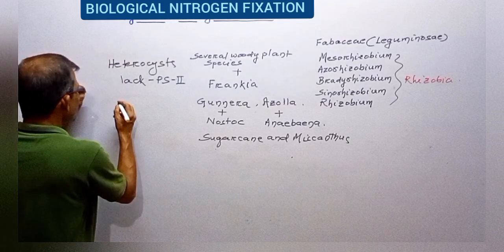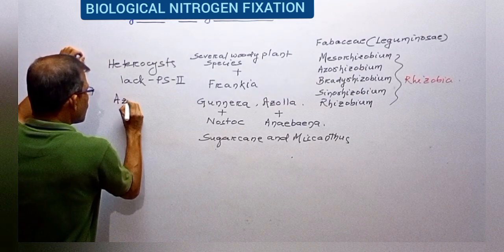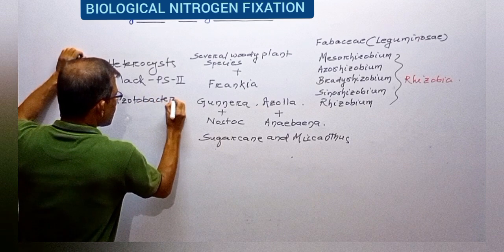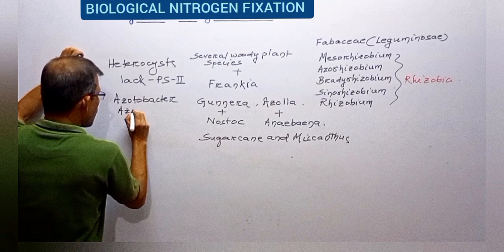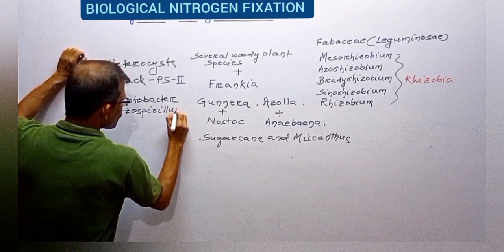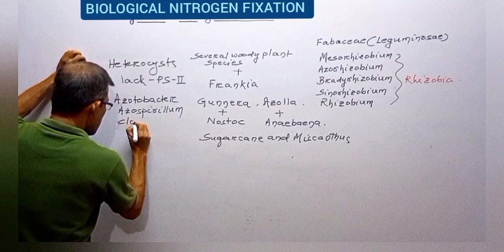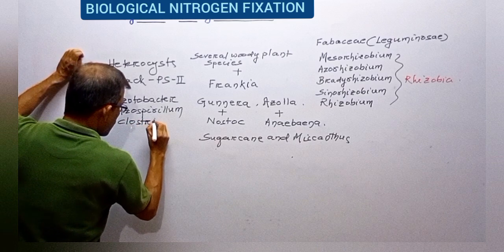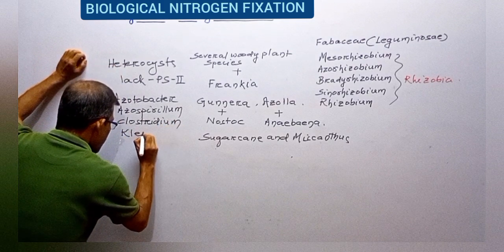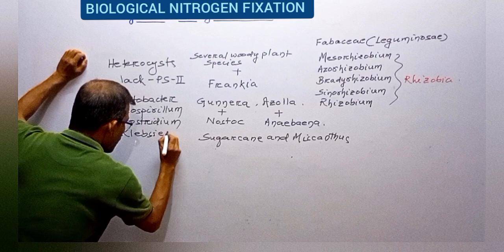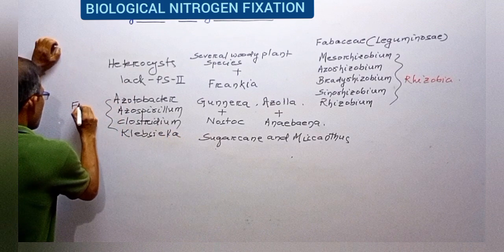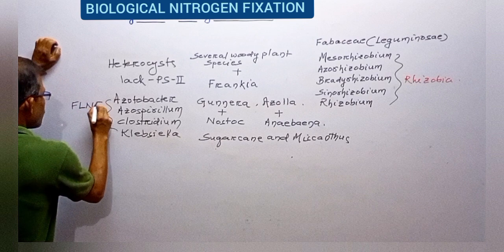Examples of free-living nitrogen fixers are Azotobacter, Azospirillum, Clostridium, Klebsiella and others. These are all free-living nitrogen fixers.